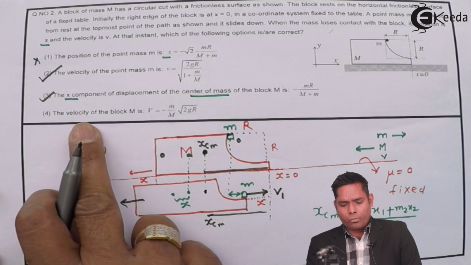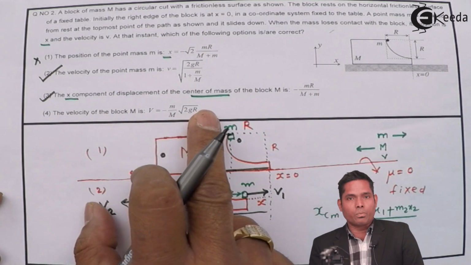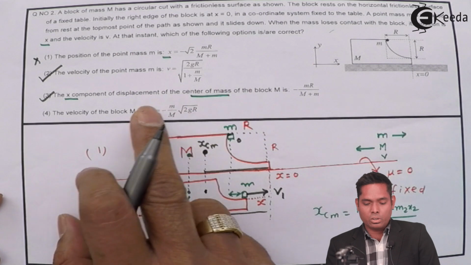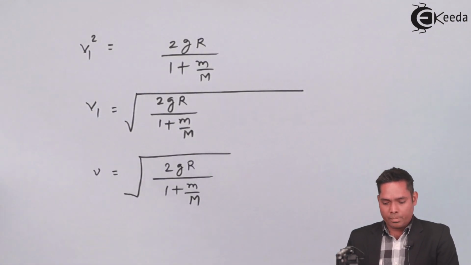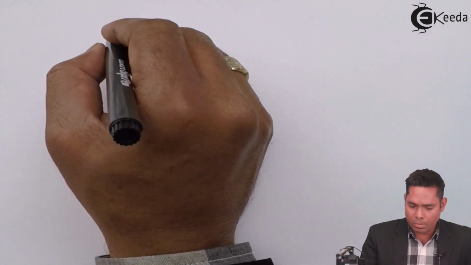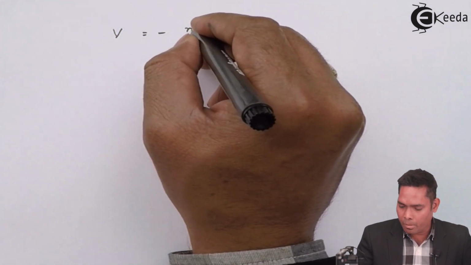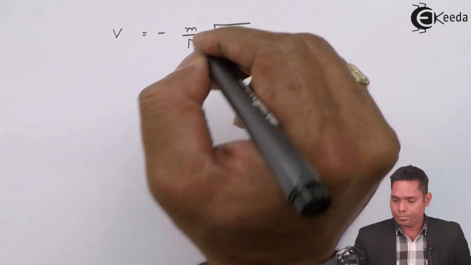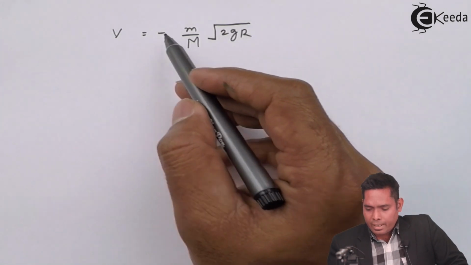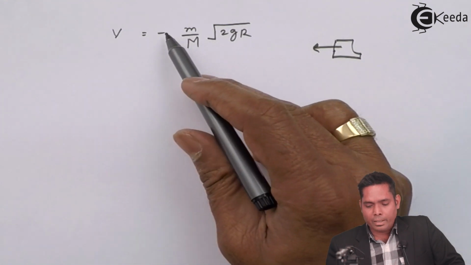The velocity of the block M is this one. So what is the velocity of the block M? Let us find the velocity of the block M, and check whether it matches or not. What is given is that the velocity of the block capital M is minus m over M root of 2gr. The minus sign indicates that this block was moving toward this side, so it is minus.